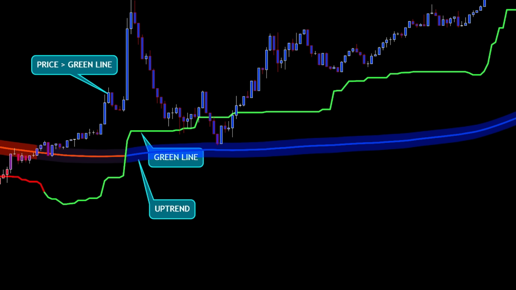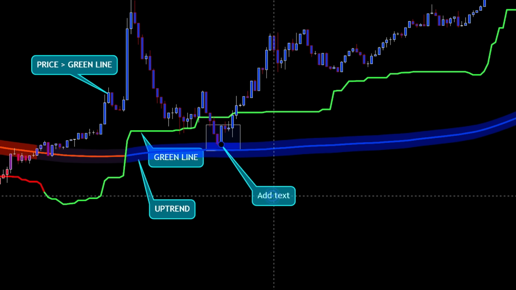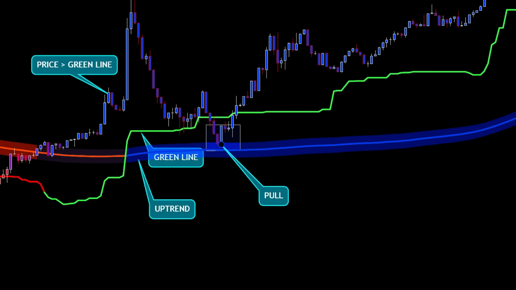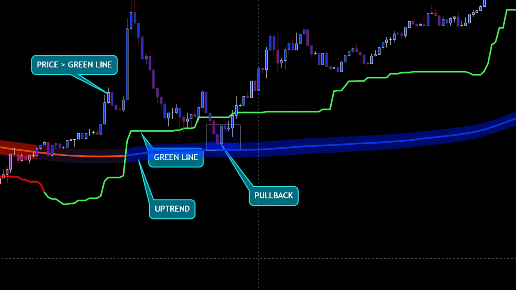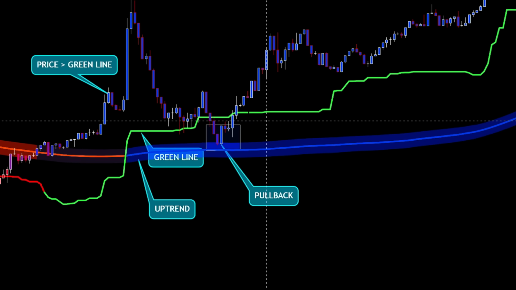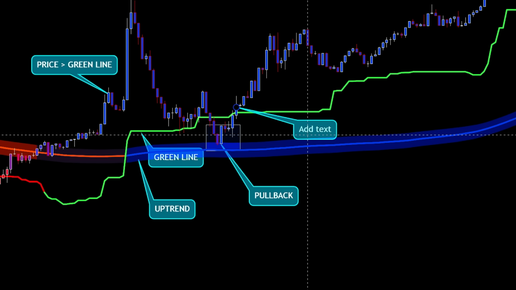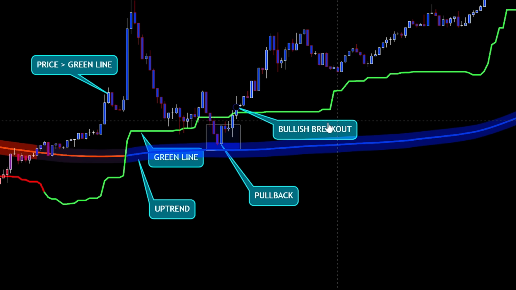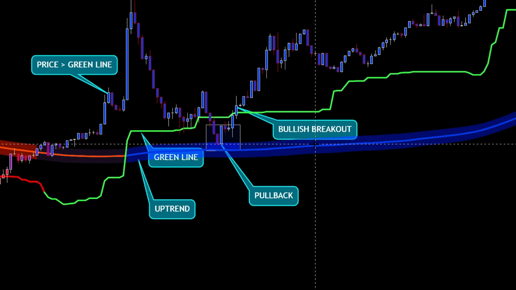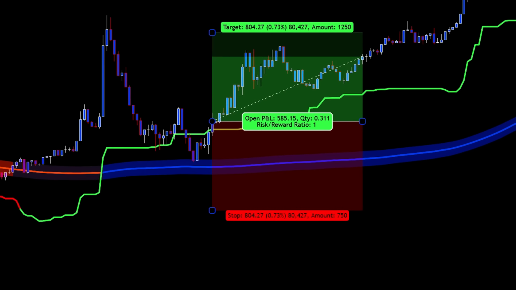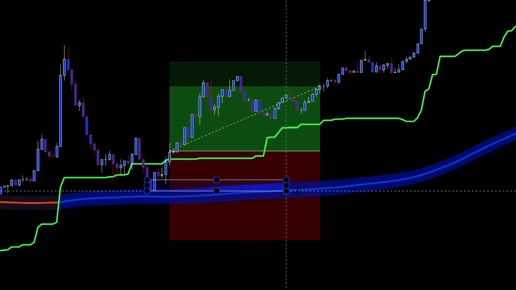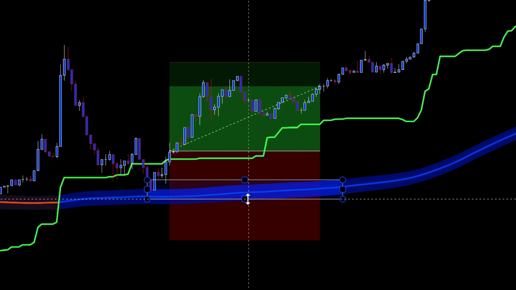This is your valid pullback. Step 2. When a candle closes back above the algo line, that's your buy signal. Place your stop loss slightly below the recent swing low and set your target to 1.5 times the risk.